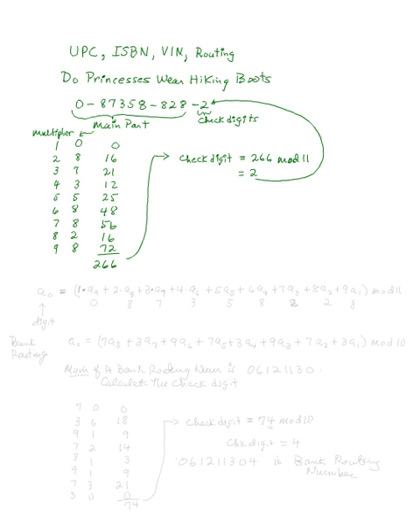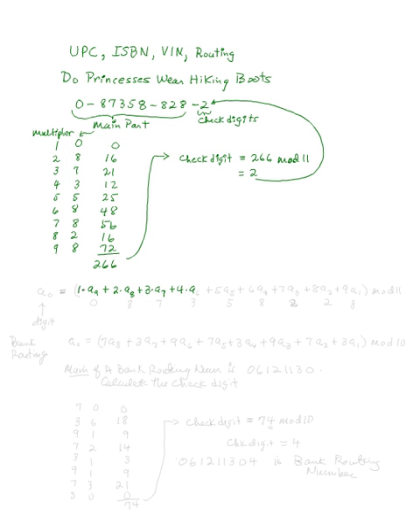Now, the general formula, the way it's written in the book for ISBN numbers is this. They write 1 times A9 plus 2 times A sub 8 plus 3 times A sub 7, and so forth down the line.